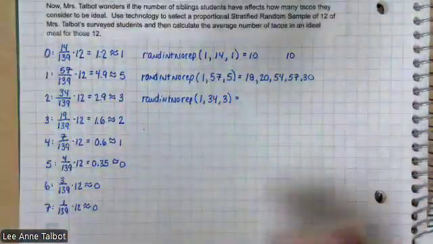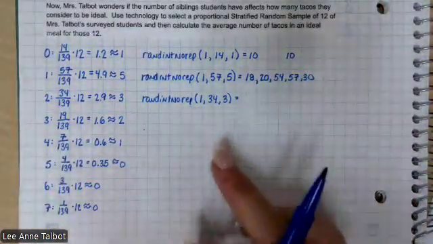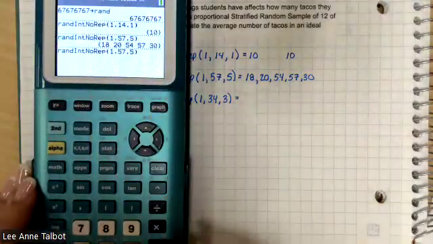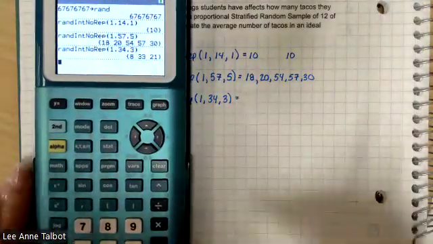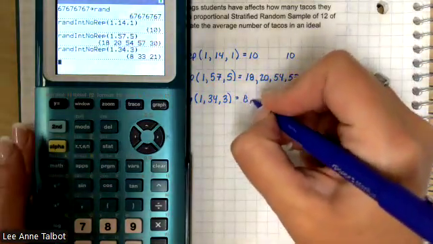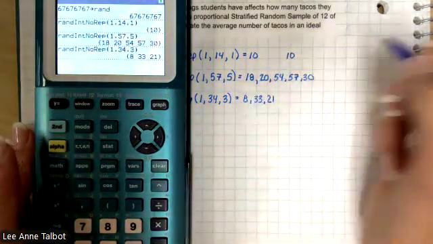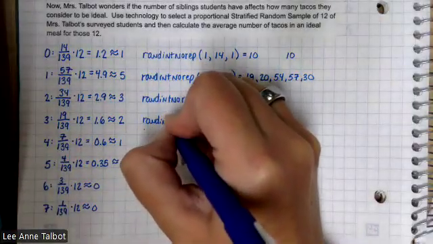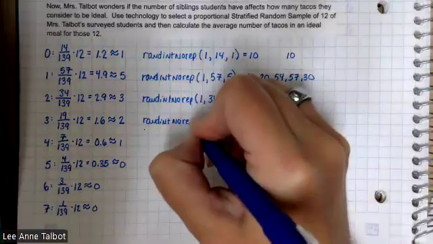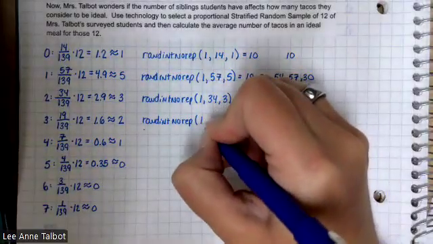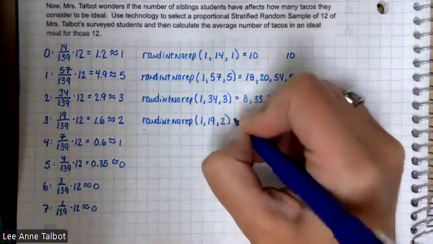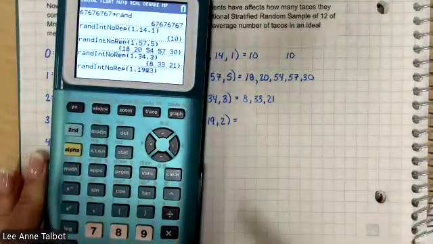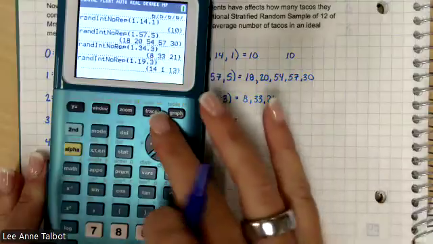Okay, so this is in group 2, or siblings of 2. Also, you can copy and paste this just like everything else on the calculator.